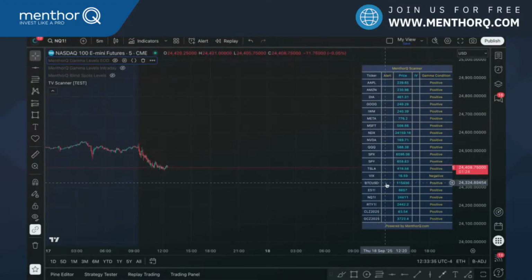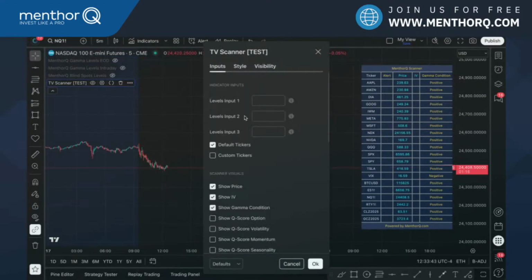So from ES to SPX to Max 7 and so on. These are the end of day levels. And then what you can do here is you're going to be able to also customize. So if you're trading stocks, if you're trading crypto, or if you're trading assets that are not covered here, you'll be able to upload levels right here. And this will allow you to get alerts on those.